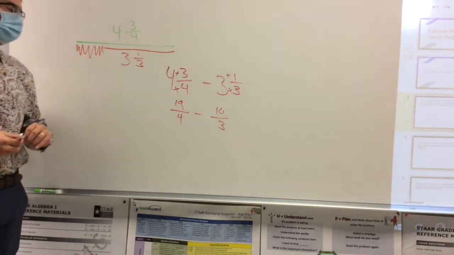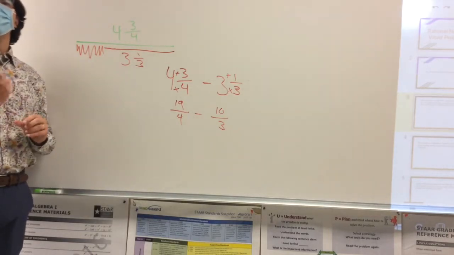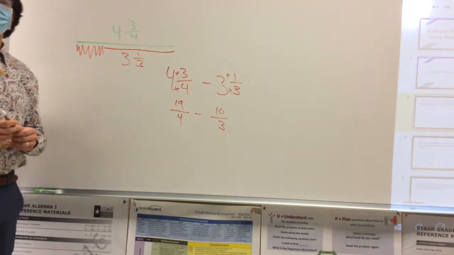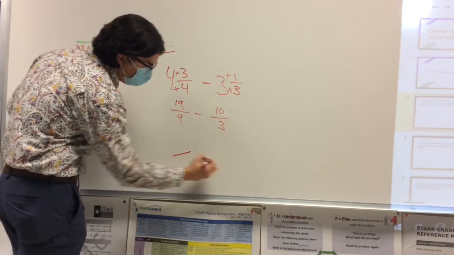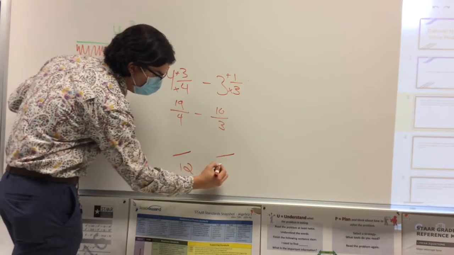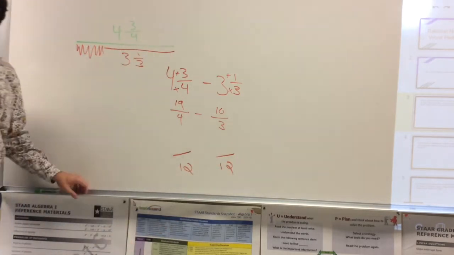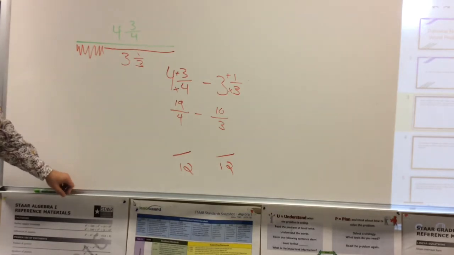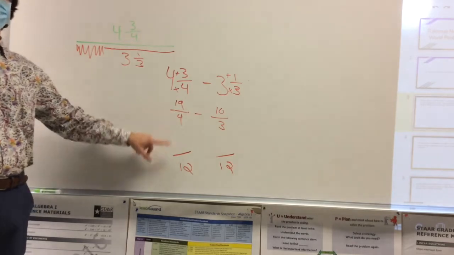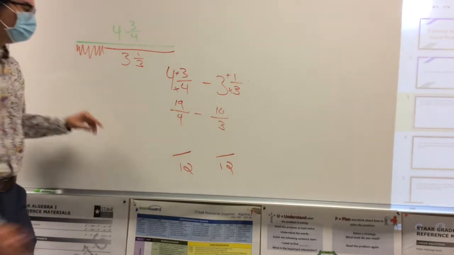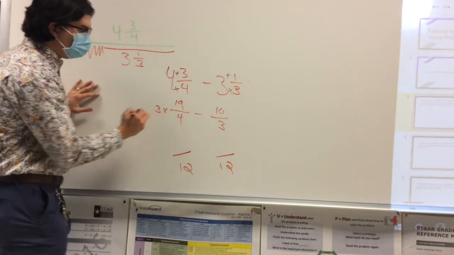Katie, do you remember the easiest way to find common denominators? Reed, what do I do? You multiply them. Good. We're going to multiply them together. So 4 times 3 gives me 12. So that means my new denominator is going to be 12. Now, my question becomes this though. How do I get from 4 to 12? What do I have to multiply 4 by to get to 12, Mariah? 3. By 3.